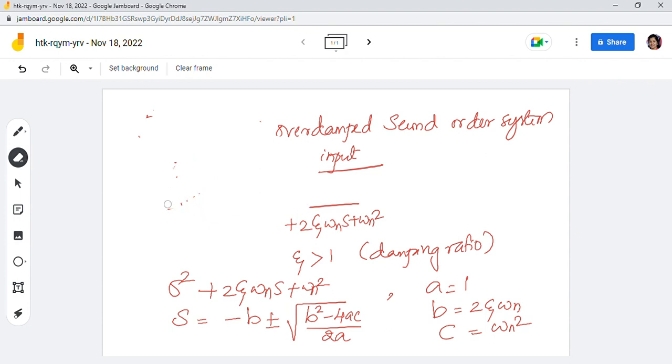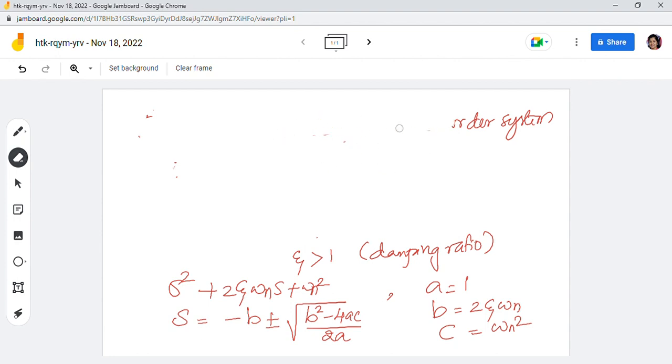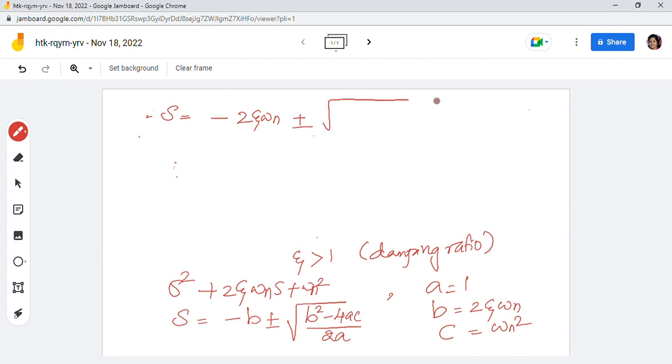Now we can substitute the values of a, b, c in that equation. Minus b plus or minus root of b square minus 4ac by 2a. Now s equals minus 2 eta omega n plus or minus root of 4 eta square omega n square minus 4 into a into c, divided by 2.